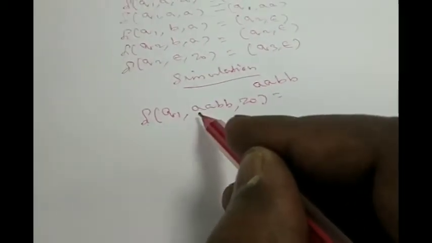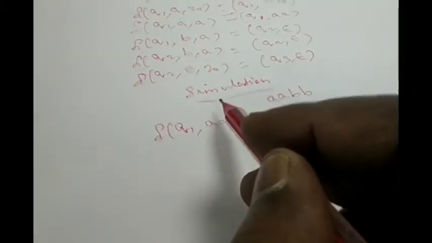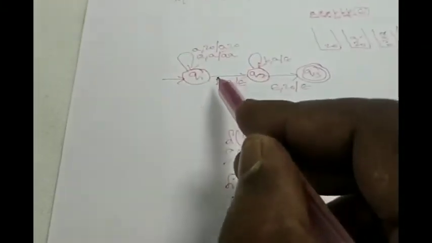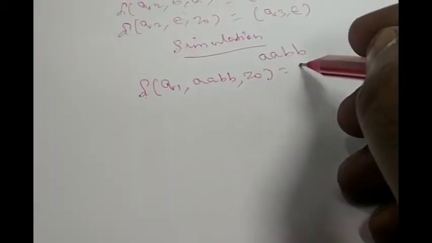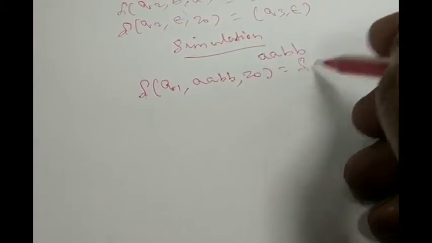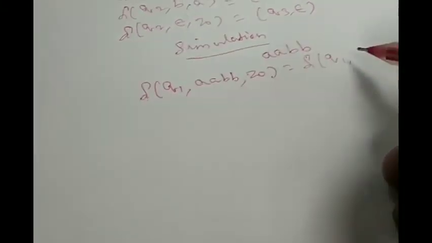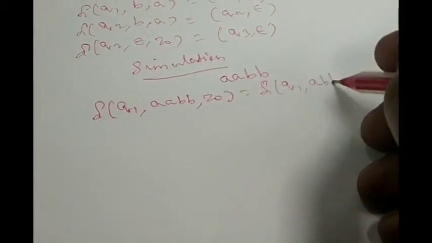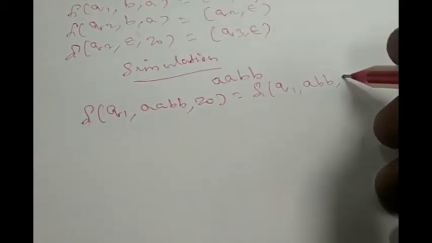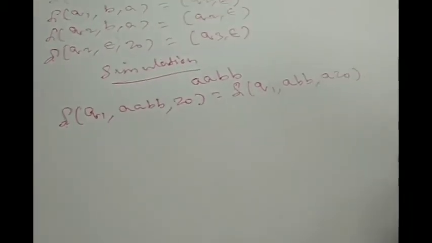Yes, in Q1, if A is the input and the topmost symbol is Z0, the transition is A, Z0, then push A inside the stack, isn't it? You stay in the same state Q1. If input is A, then this A goes off, and what remains is ABB. So this A is getting pushed inside the stack.